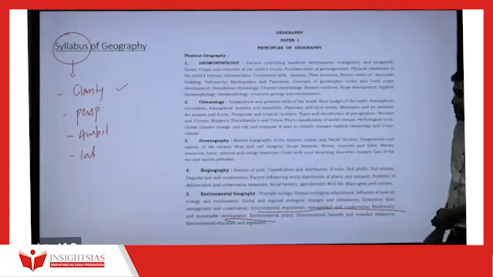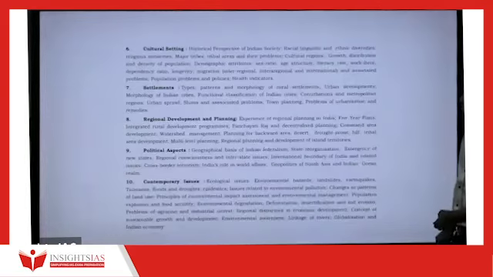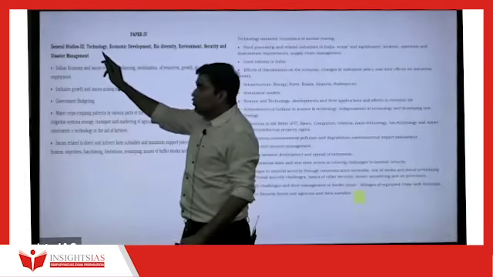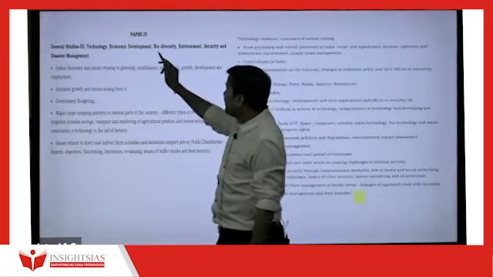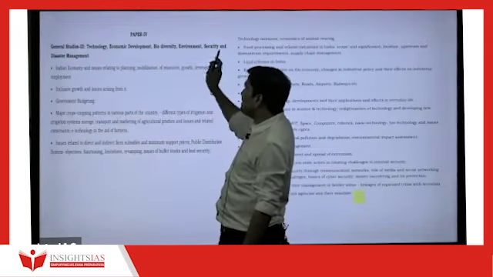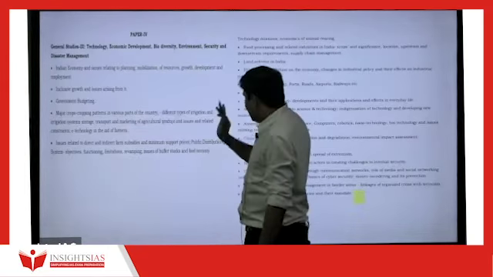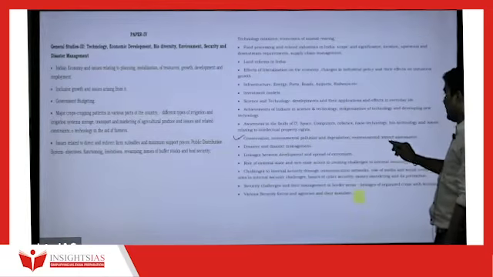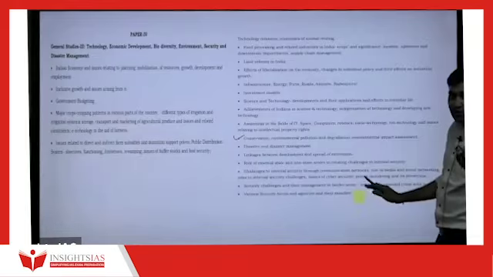Is it clear? अभी GS पेपर 3 का सिलेबस देखो. टेक्नोलॉजी, साइंस टेक, इकोनॉमिक डेवलपमेंट, बायोडाइवर्सिटी, एनवायरमेंट, सिक्योरिटी, डिजास्टर मैनेजमेंट. सबसे पहले सिंपल में एनवायरमेंट, पोल्यूशन, डिग्रेडेशन, एनवायरमेंट इंपैक्ट असेसमेंट, डायरेक्ट रिलेटेड टू एनवायरमेंट.